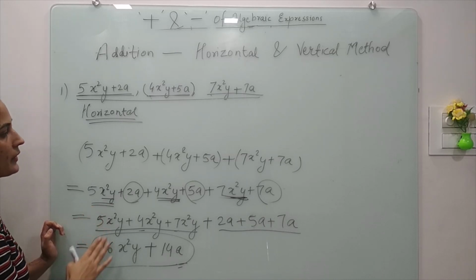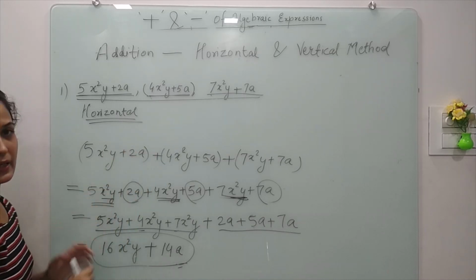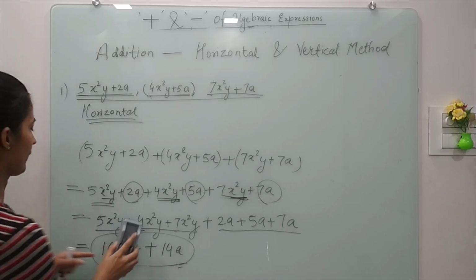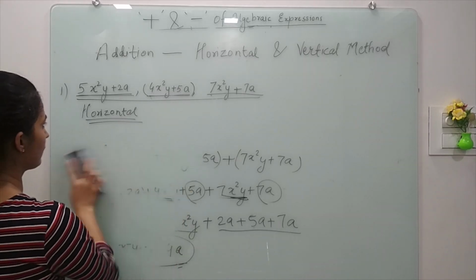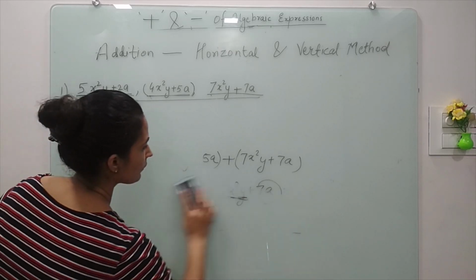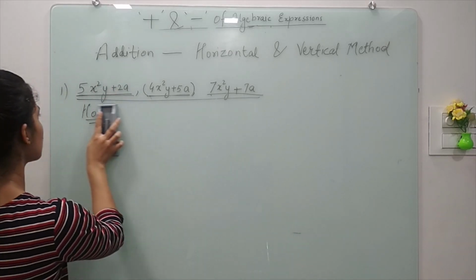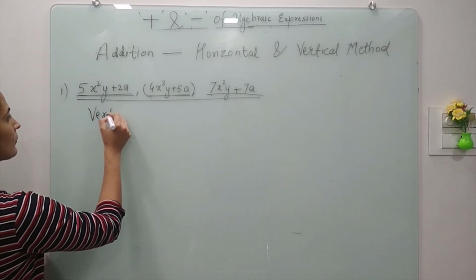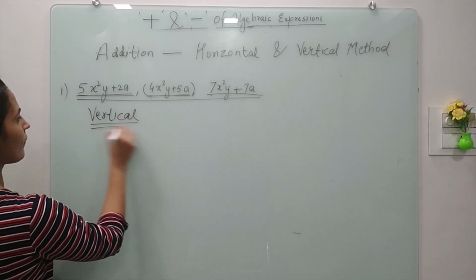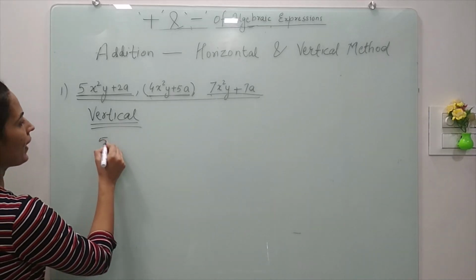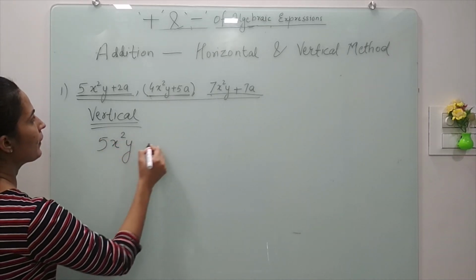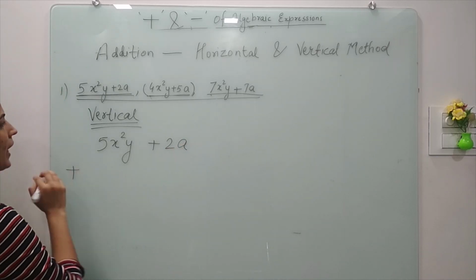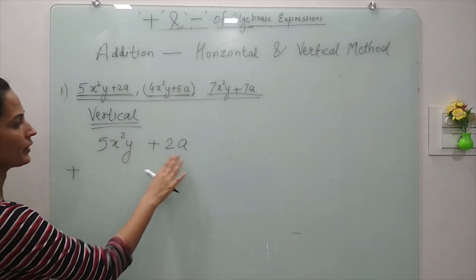Now we will try to understand the same addition with the vertical method. So we have 5x square y plus 2a. Now I have to add these two expressions to this.